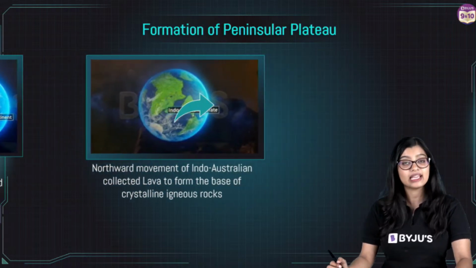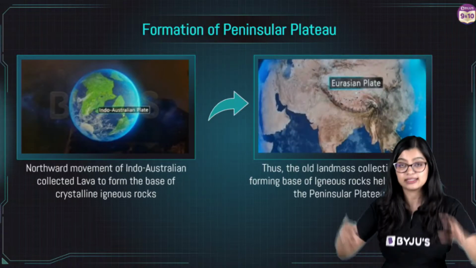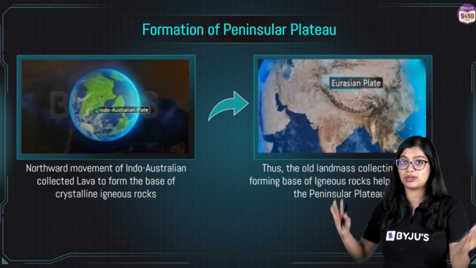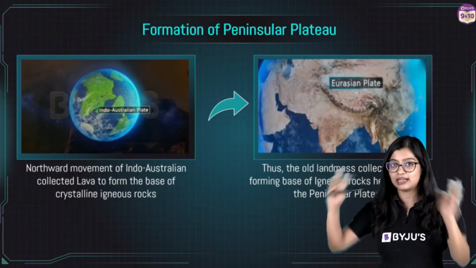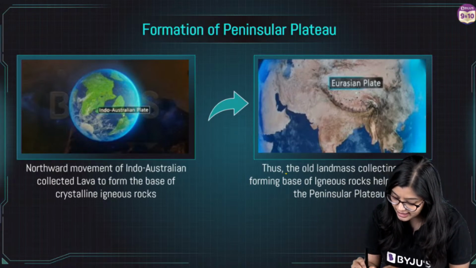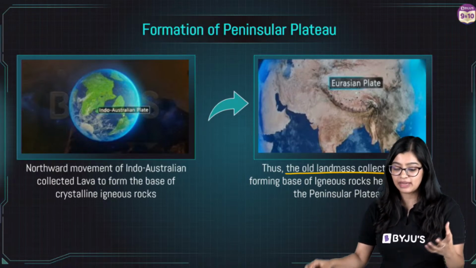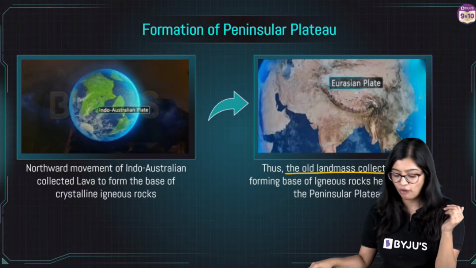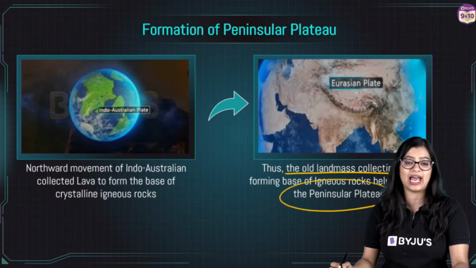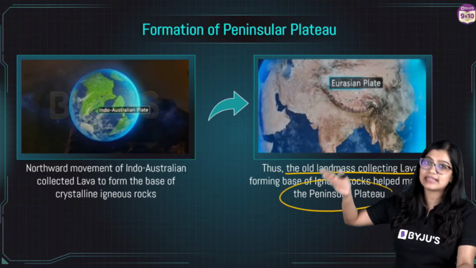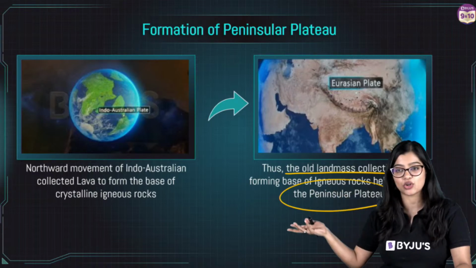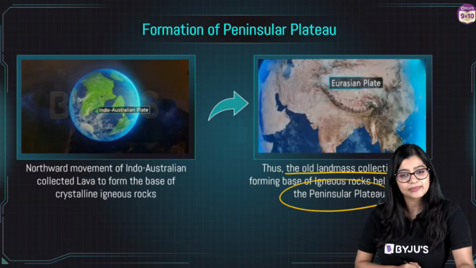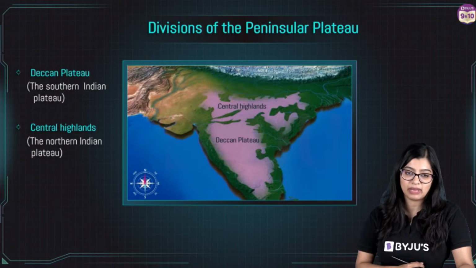Eventually, when that lava was trying to push up, it led to the formation of the Peninsular Plateau. And in that process, there was formation of igneous rocks and so forth. This is the idea behind it.